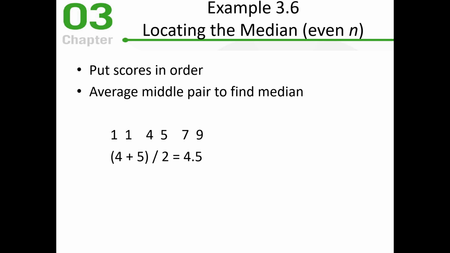This is because we have an even number of scores. In order to find the median, we take these 2 center scores, being 4 and 5, and we find the average. In order to do this, we add 4 and 5 and get 9. Next, we divide 9 by 2, since there are only 2 scores we are using to find the average, and we get 4.5. This is our median, 4.5.